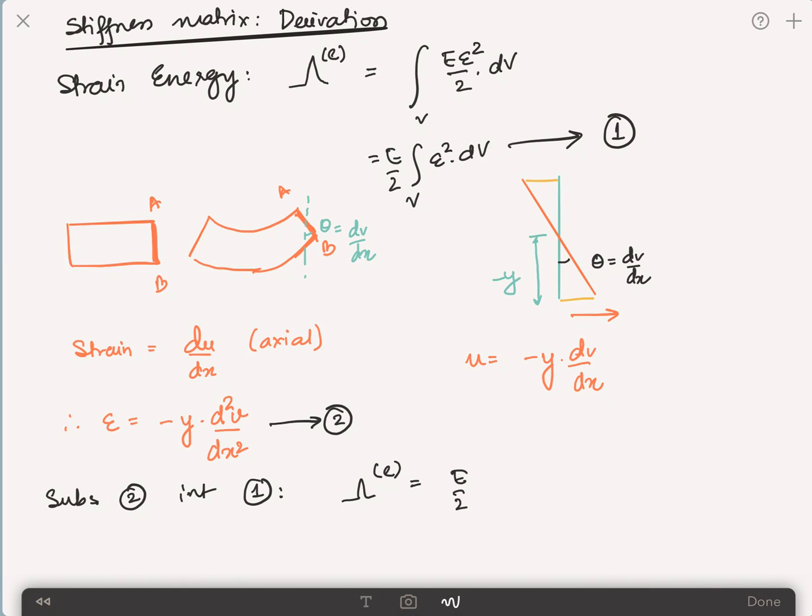We will always, of course, keep it in volume in the beginning, and we have the negative y, but it will be squared. That means you have minus y d square v dx square whole squared times dV. Now dV can easily be broken up into two parts, which I will show you in the next page.